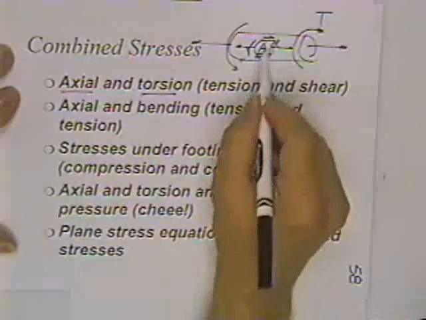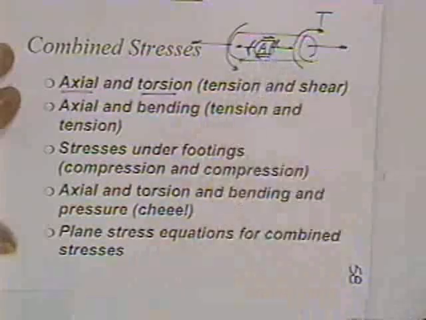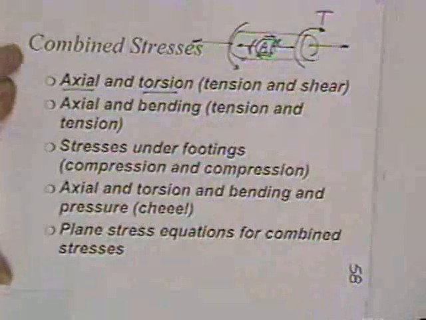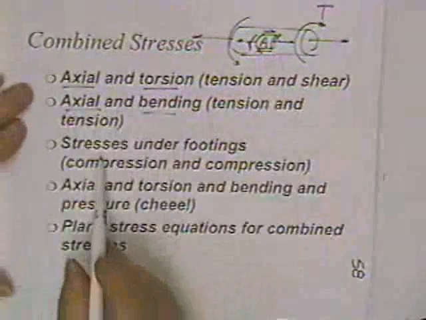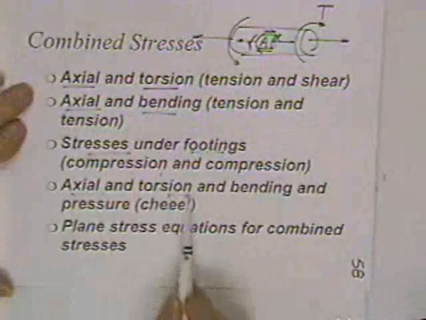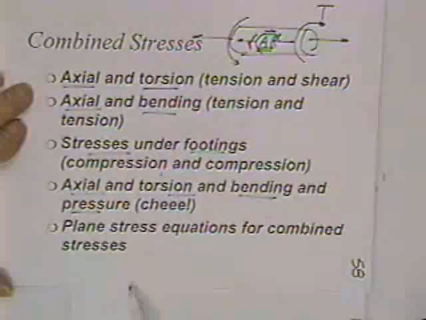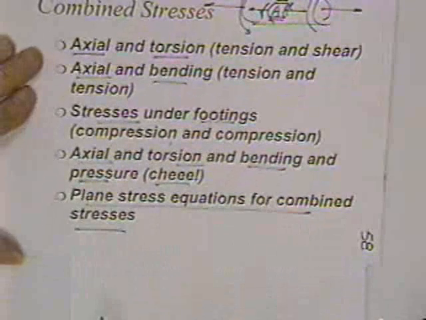So another pair are generated internally that stop that. They are equal in magnitude. Now then, you could have axial and bending. You could have stresses under footings. You could have axial, torsional, bending, and pressure. Wow. And then there are equations to tell you how to handle those stresses.